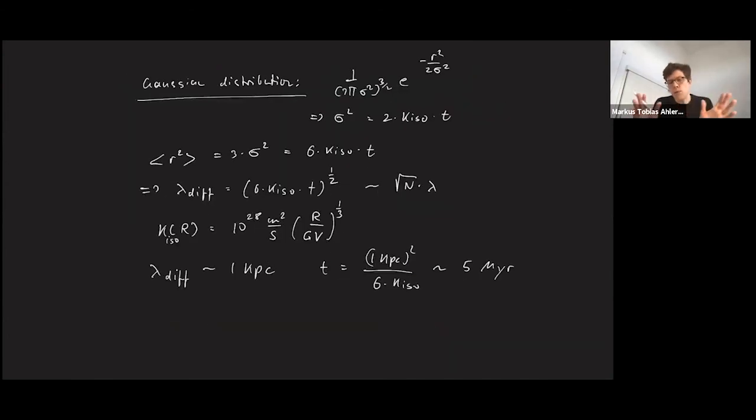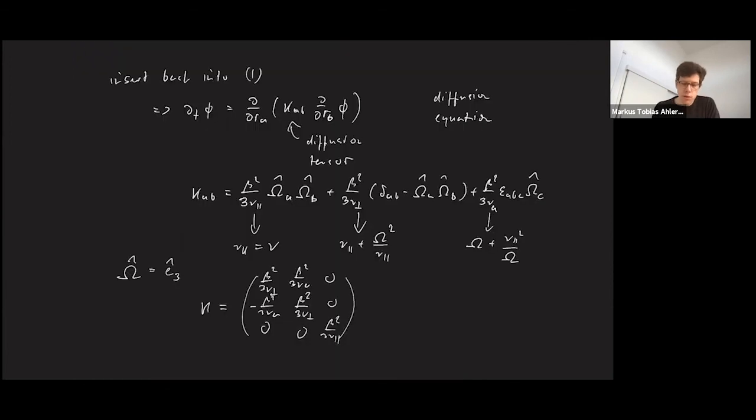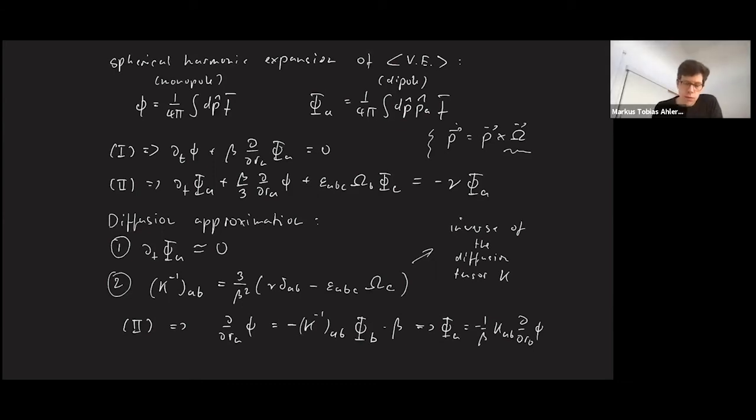So we have focused on the monopole contribution, the total angular averaged contribution. But along the way in deriving this expression, we have also used the diffusion approximation, and we could show that to first order, the dipole is actually proportional to the gradient of the monopole projected onto the diffusion tensor divided by the velocity beta.